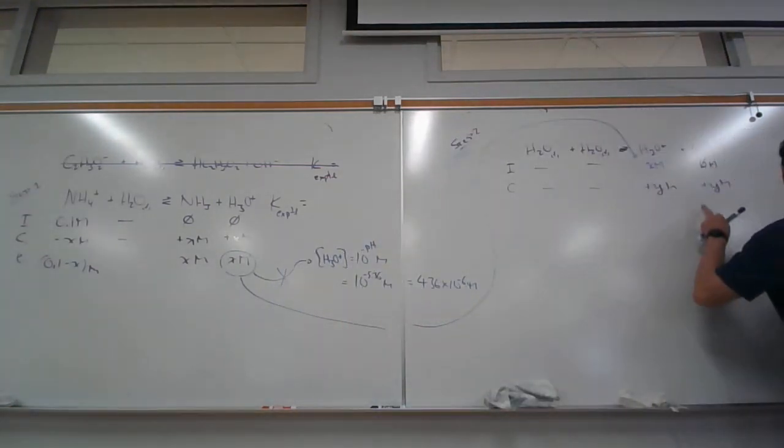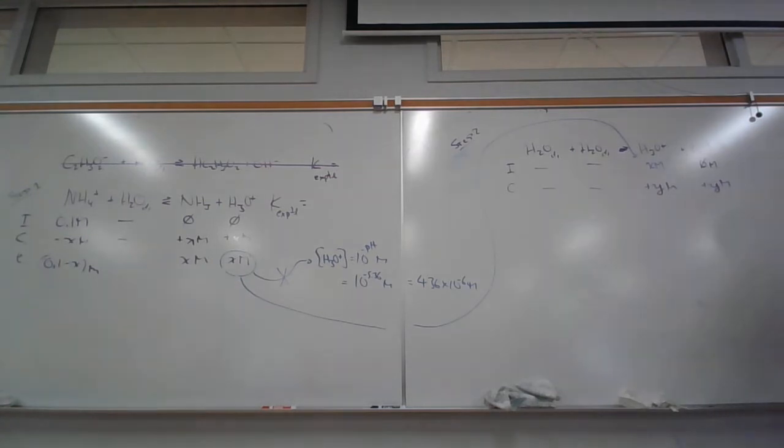A lot of people write that because they think it's going to be the same as in pure water. It's not the same as in pure water. In fact, it's going to be much, much less than 1.0 times 10 to the minus 7 molar because of the Le Chatelier's effect, which in this case is called the common ion effect. Common ion: we already have product.